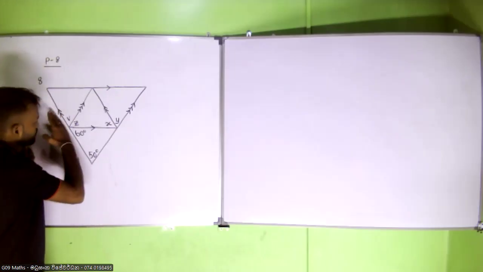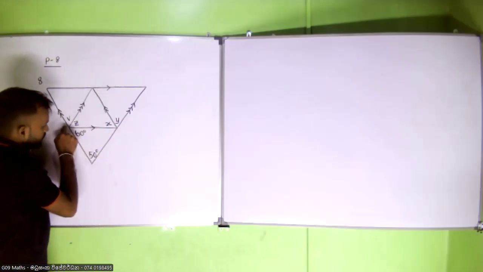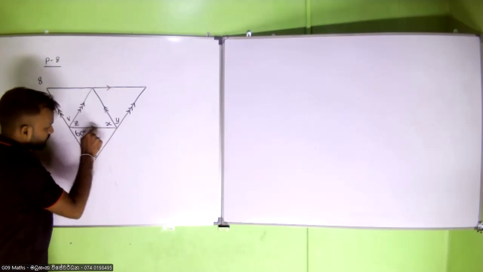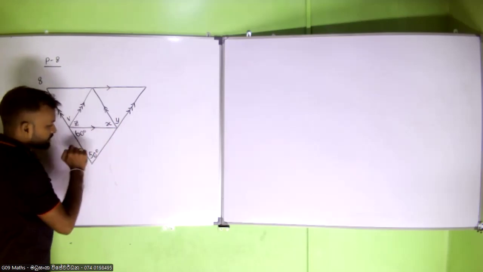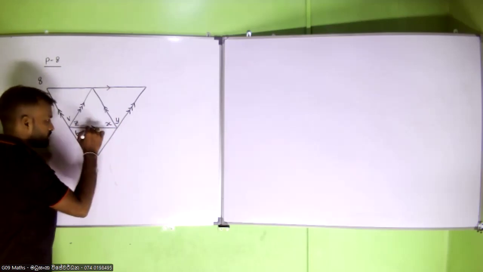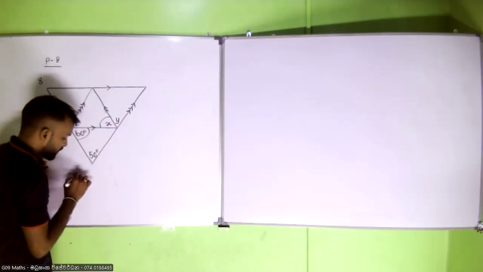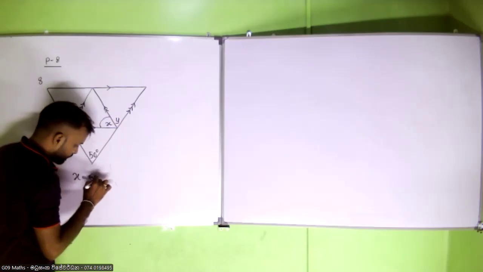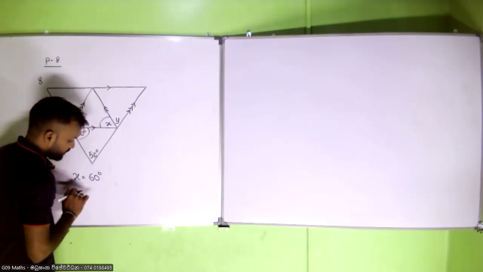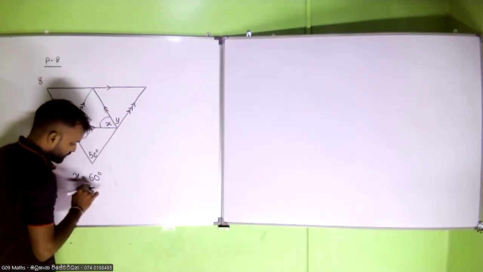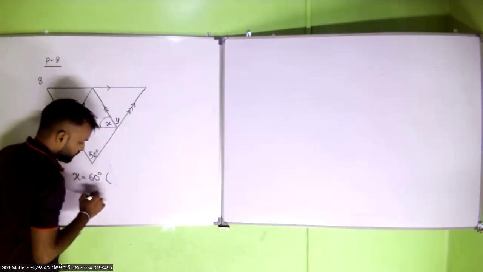But if you consider this parallel line and this parallel line, this line is acting as a transversal. So 60 equals x. Directly you can write x equals 60 degrees.